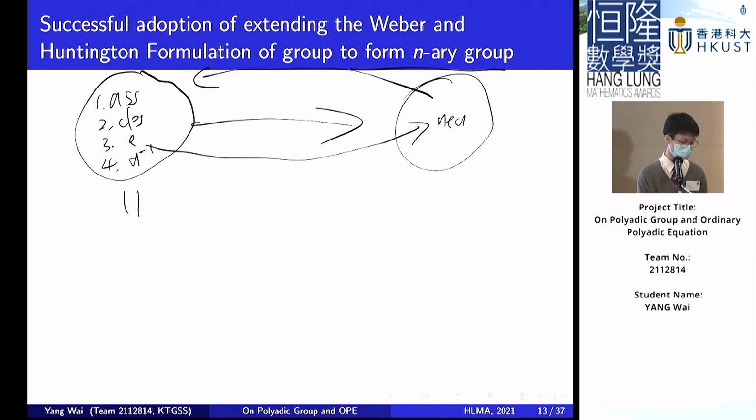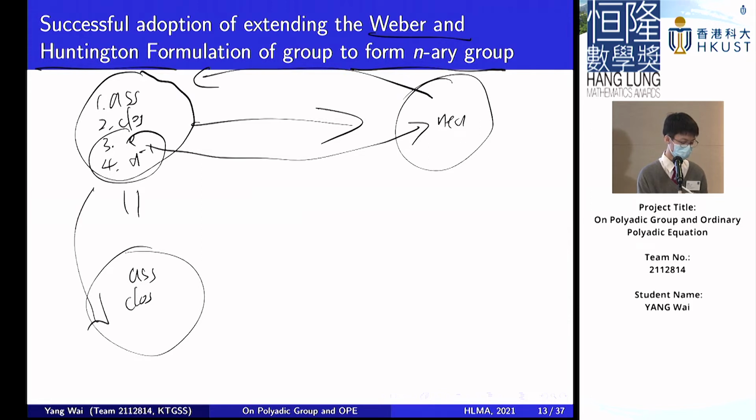However, there is another definition proposed by Weber and Huntington. That is, it is associative and closed. However, for the identity element and the inverse element, we just change them to the property that xa equals b and ay equals b have a unique solution.